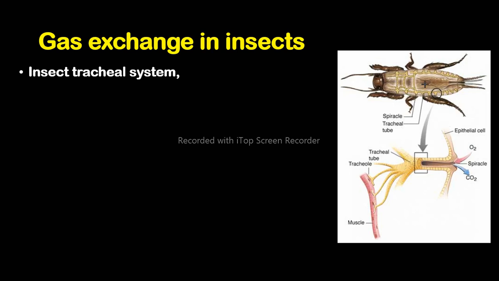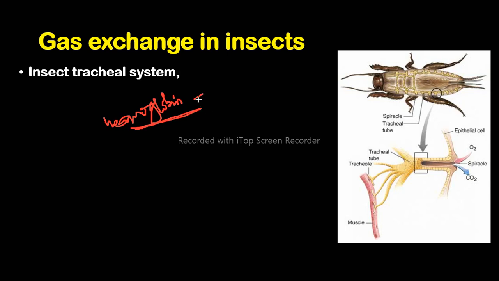No. And that's why their blood does not have hemoglobin. If you remember in transport, the insect's blood doesn't have hemoglobin. Why? Because it is not used in transport of respiratory gases, oxygen.